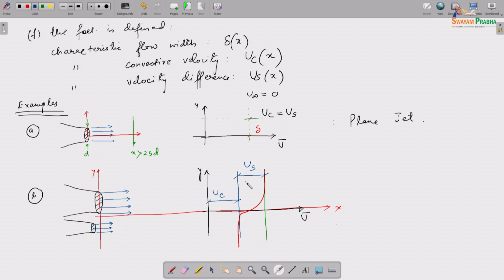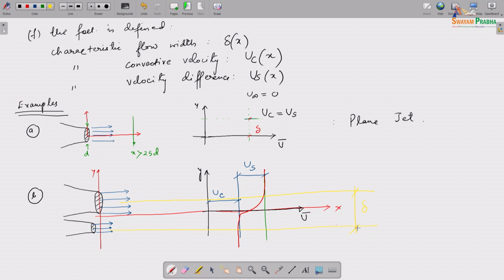Okay, and then essentially what I'm now forming is a mixing layer, right, and I'm taking the center line through the upper jet and the center line through the bottom jet, right, and I can call this the characteristic length. You see why we said characteristic flow width delta.